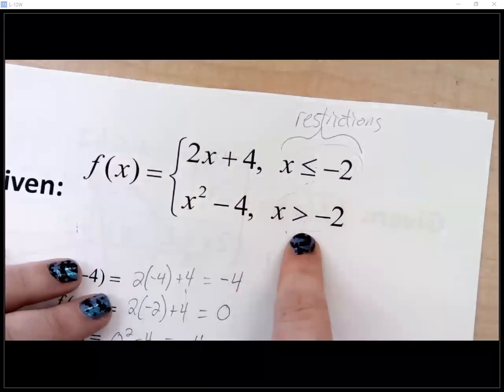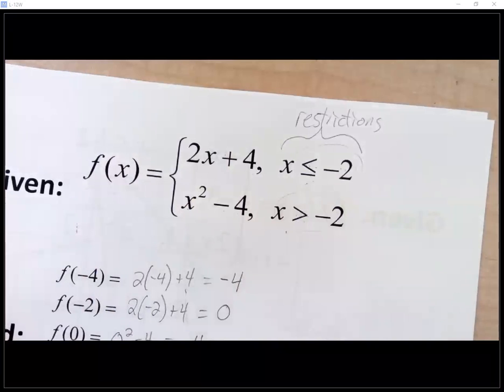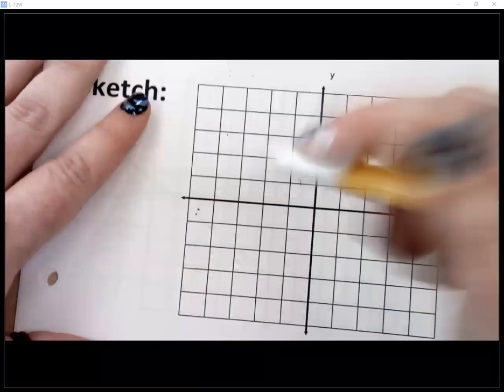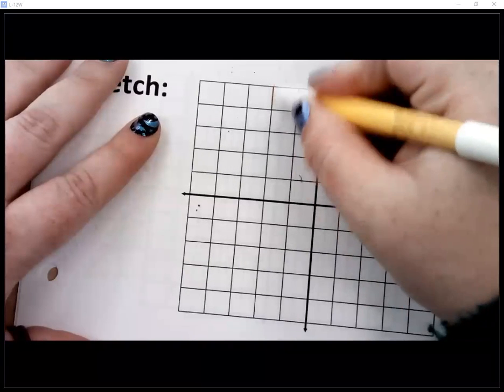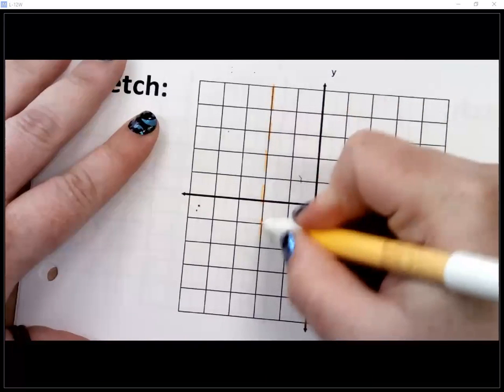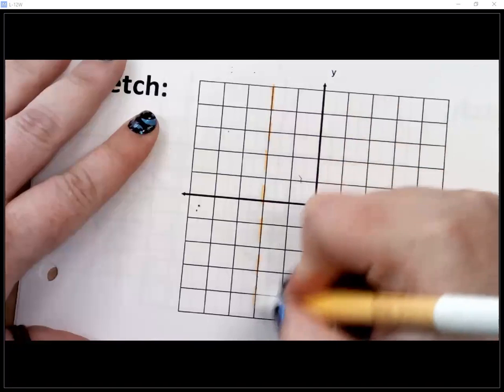So -2 is an important value here. You with me? So where x is equal to -2, I'm going to highlight that region, just so I know the graph is going to change.